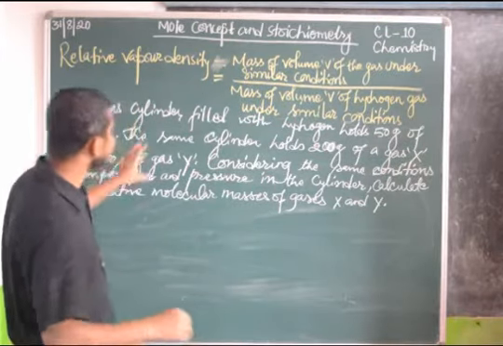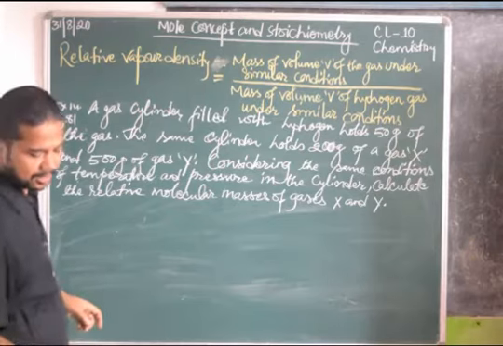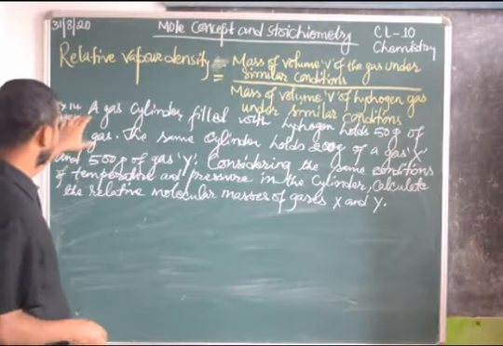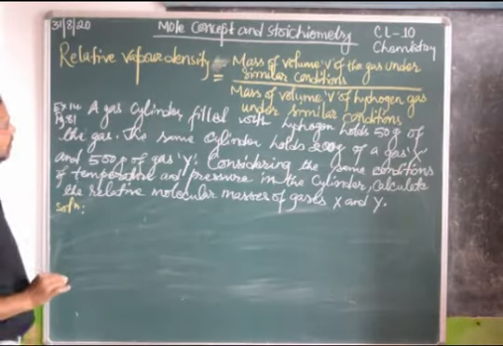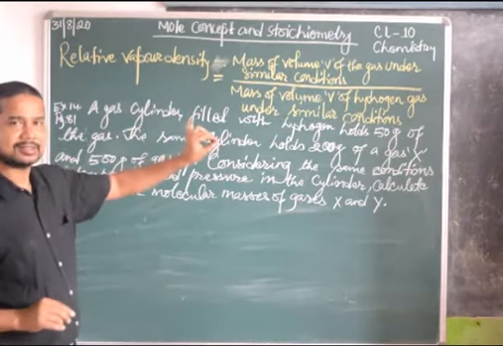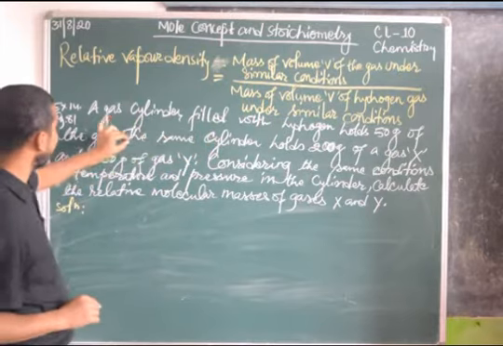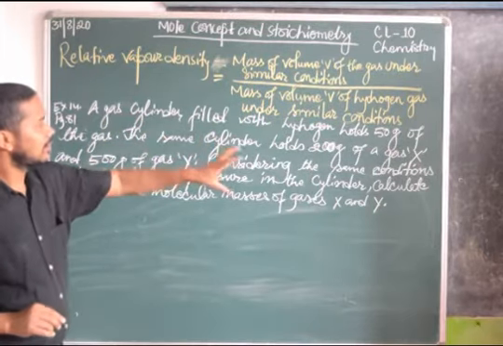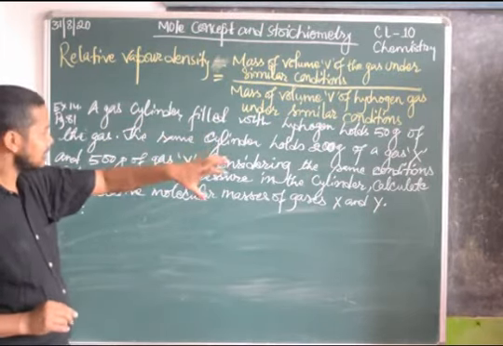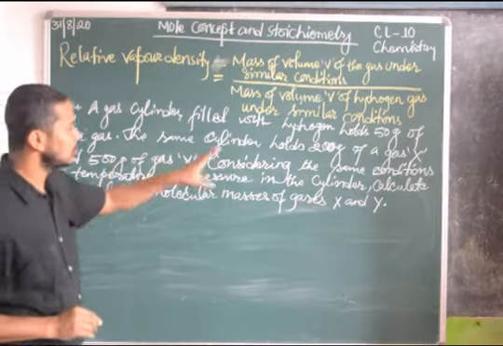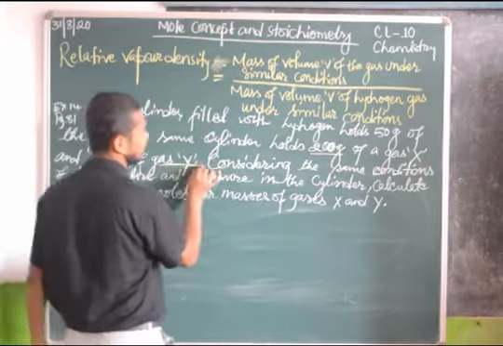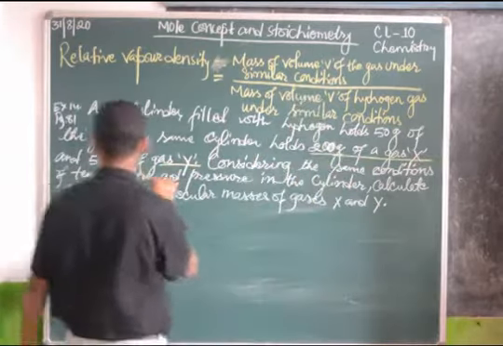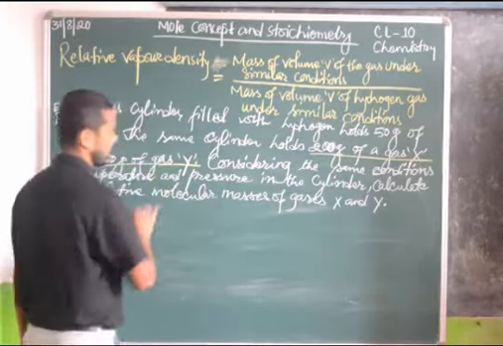So, what are the things we know here? Here we have mass of hydrogen gas and we have mass of gas X, mass of gas Y. So, these are two different gases. Okay, so we will be doing one by one.